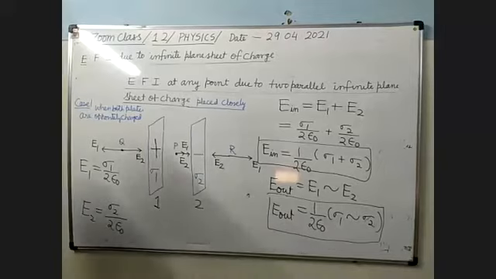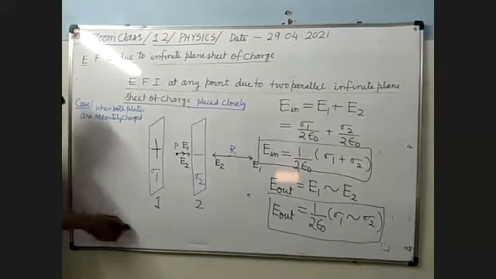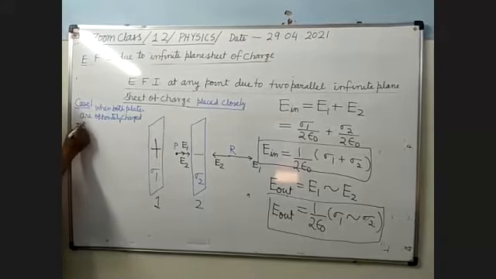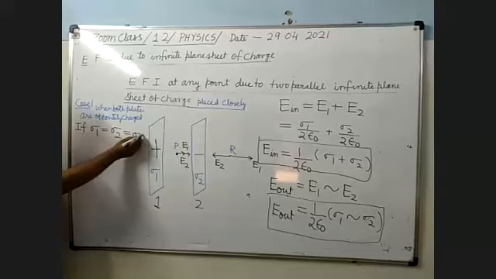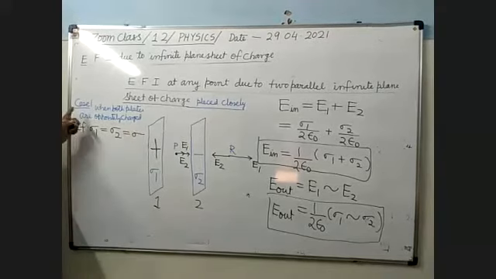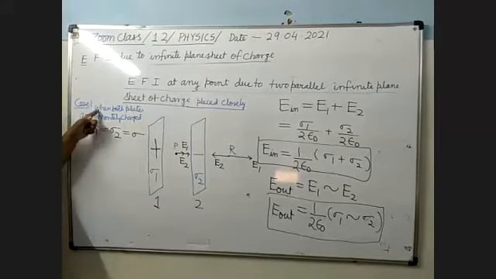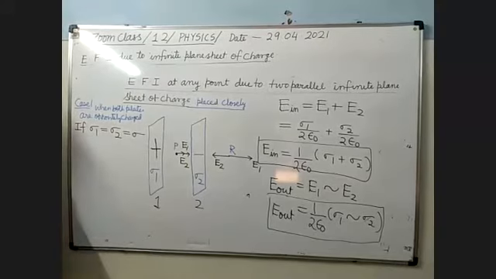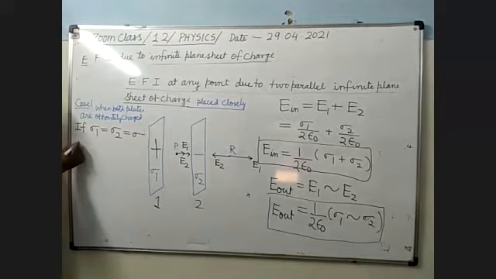So see here, if sigma 1 equals sigma 2 equals sigma, means both the plates are equally and oppositely charged. When both the plates are equally and oppositely charged, what will be E in? Who can tell?